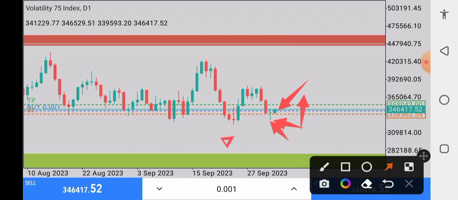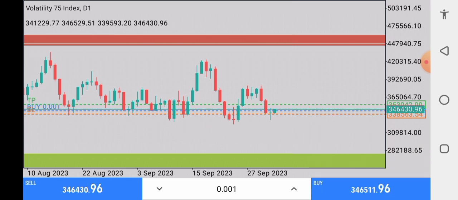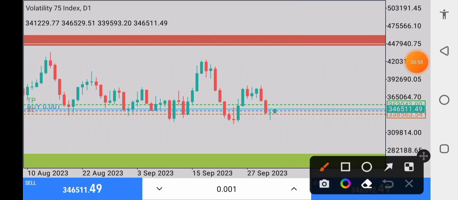So price is returning from this demand zone here. I'll mark this demand zone as well. This is actually where price is moving from.